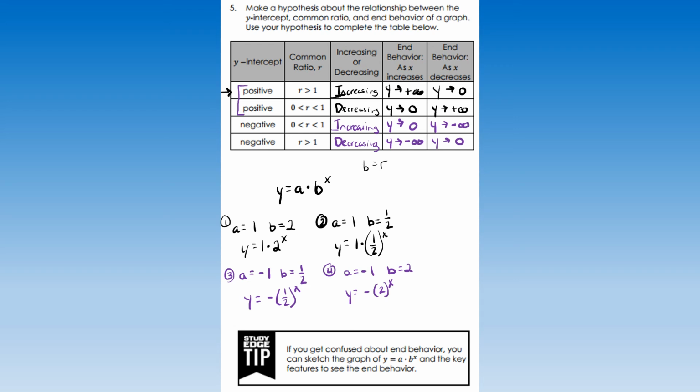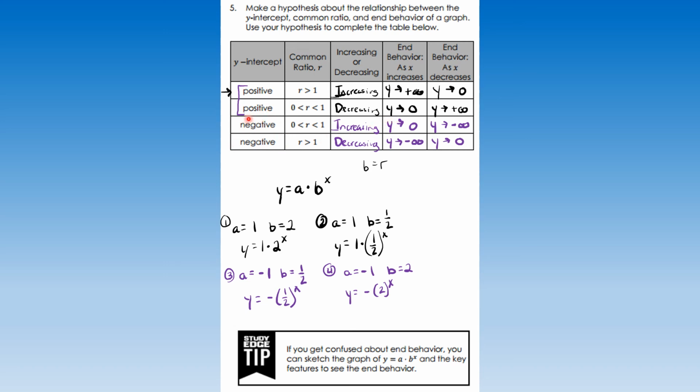As x gets smaller, y gets smaller and heads towards 0. Or if a is a positive number and b is a fraction, the graph is decreasing because y is getting closer to 0 as x gets bigger, and as x decreases, y gets bigger and heads towards infinity. So that's our first possibility.